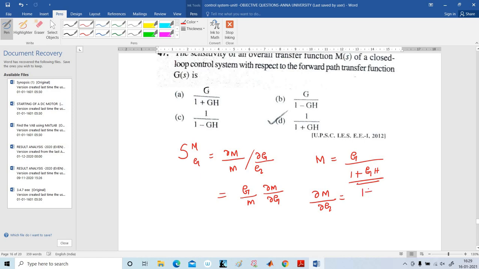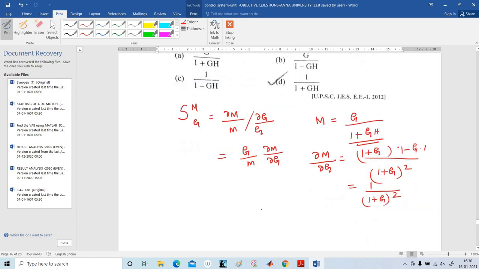So dou M by dou G is (1 plus G into 1, minus G into 1) divided by 1 plus G the whole square. So 1 by 1 plus G the whole square.